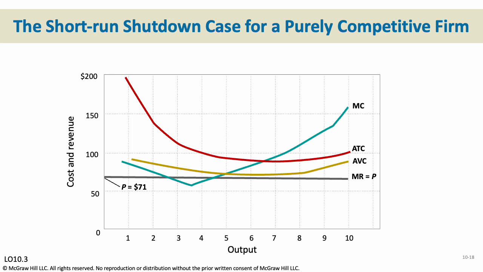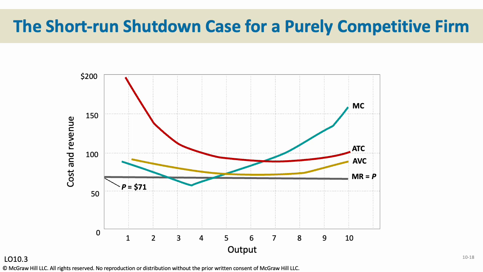Price here, equal to $71, falls below the minimum average variable cost, which is 74 at quantity 5. The firm would minimize its losses by shutting down. There's no level of output at which the firm can produce and incur a loss smaller than its total fixed cost. So in other words, the $100 fixed cost would be the minimum possible loss. So this would be a case to shut down.